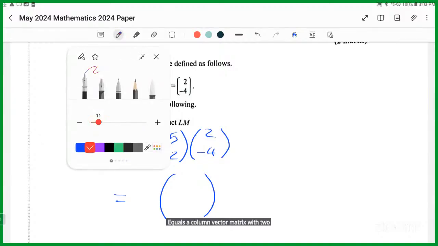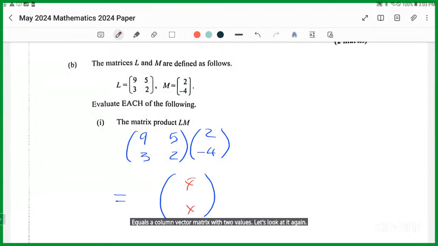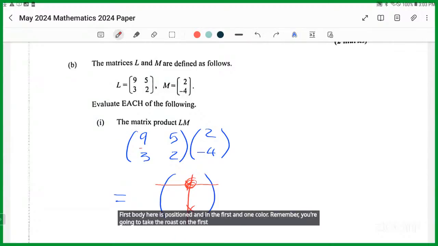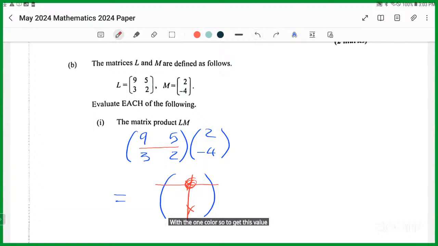Let's look at it again. The first value here is positioned in the first row and the one column. Remember, you're going to take the rows of the first matrix. Let's put a line across here with the one column. So to get this value, you multiply this first row with this one column.